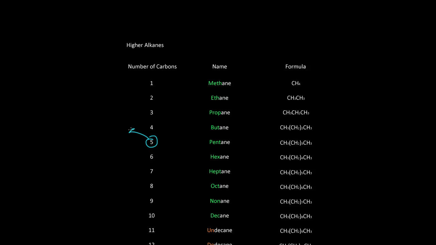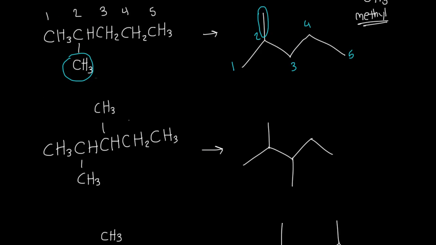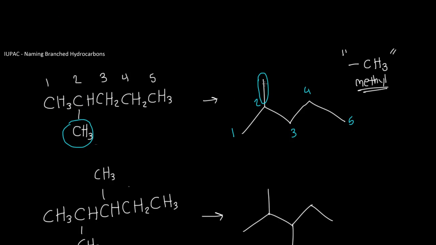So the ending of pentane is going to be in our overall name, and we're going to add on a little bit of an indicator to tell the reader what branches or what substituents are also on that pentane and where they are. So we know that it's going to end with the word pentane, but what comes before? That's where we look at our substituents.